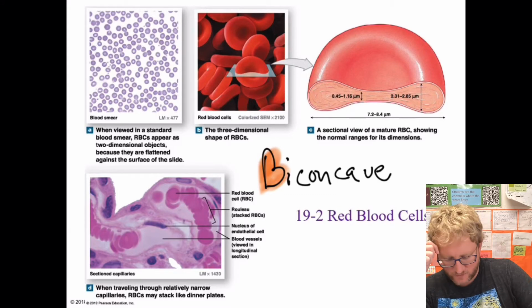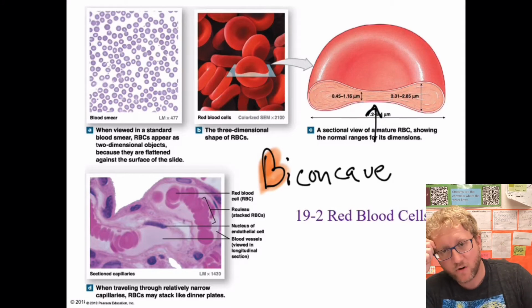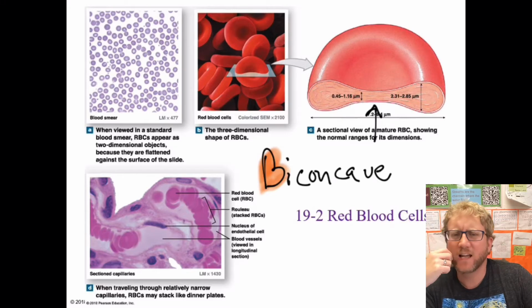So the center part right here is a lot thinner than the outer part, kind of like a bowl on both sides. Smarties are a good analogy of the idea that we're going after.